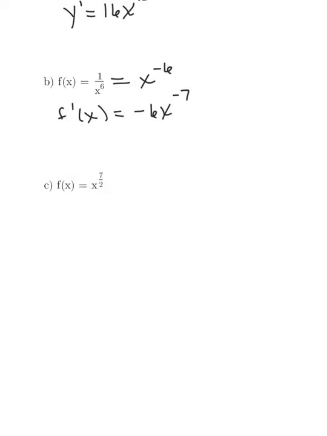On our next example, our given function is x to the 7/2, and this is already in the correct format. The reason that I want to do this example is because you will frequently have fractional exponents that you have to do a derivative with. So you have to be able to subtract with fractions.